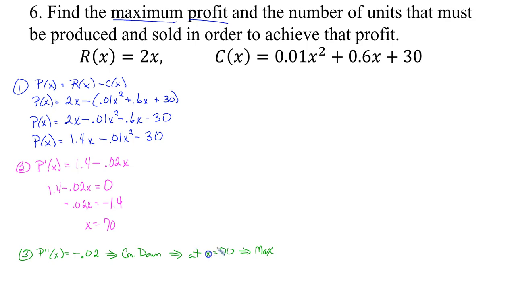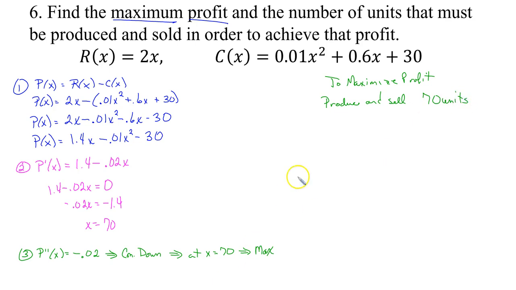All right, and so to maximize the profit, then we need to produce and sell 70 units.